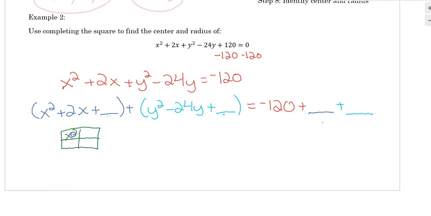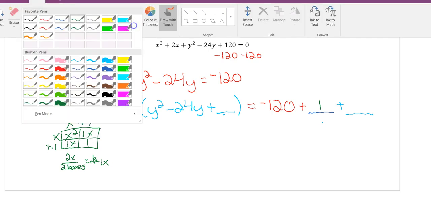We have x squared, 2x divided by our two boxes equals 1x. So 1x and 1x. X squared is x times x. X plus 1, x plus 1. 1 times 1 is 1. 1 goes here, 1 goes here. Same thing for our y's.